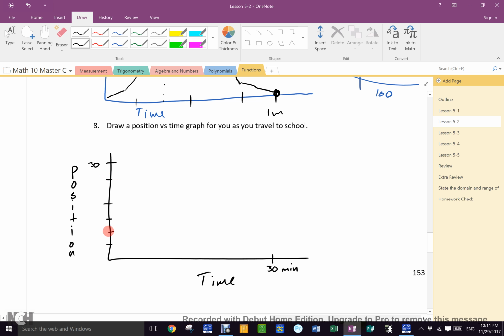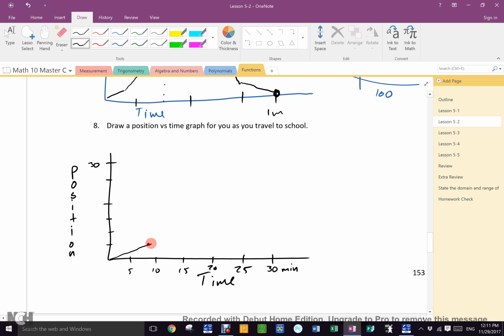Anyway, 5K, and I go up in 5 minutes. So in 8 minutes, I go 5K. Now, would this be a straight line in reality? No, because I've got stop signs and stuff, right? But for our intents and purposes, I'm going to draw a straight line, right?